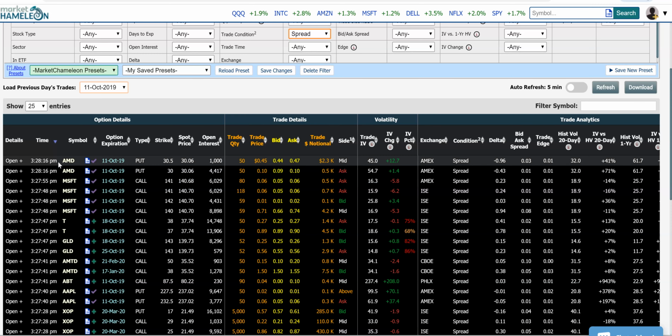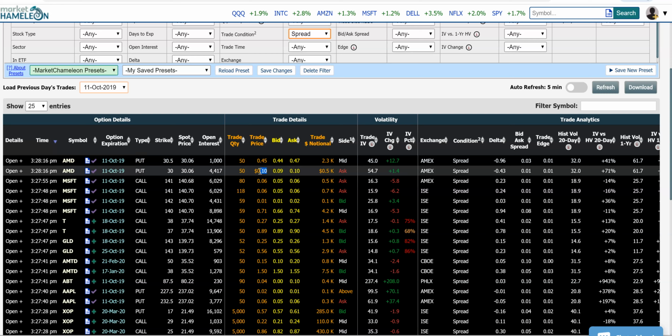You see both here at the same time, 328.16, 328.16 in AMD. So this 50 contracts was on the October 11th expiration in a 30.5 put. This is the other part of it for 10 cents, 50 contracts. This was on the October 11th 30 put. So that was a spread.